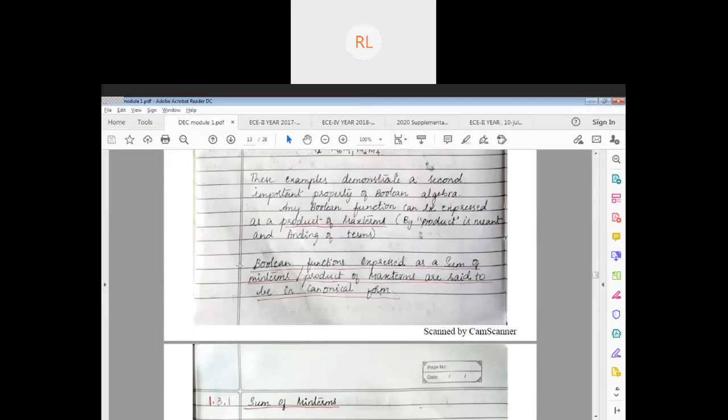I want you all to take down this last paragraph, which says Boolean functions expressed as a sum of minterms or product of max terms are said to be in canonical form.